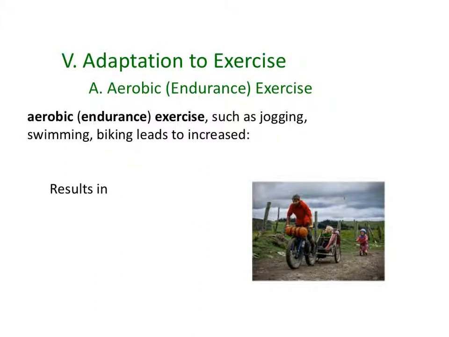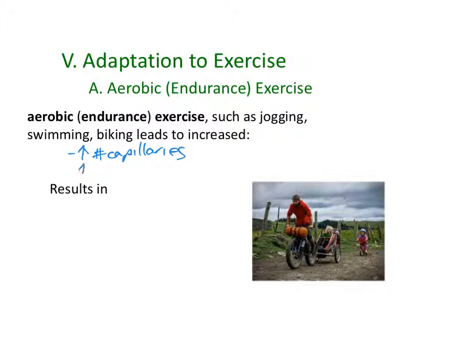The last two things I'd like to cover are just the impacts of exercise. With aerobic or endurance exercises such as jogging, swimming, or biking, your muscles will actually increase vascularity, so increase the number of capillaries. So you increase your blood supply.